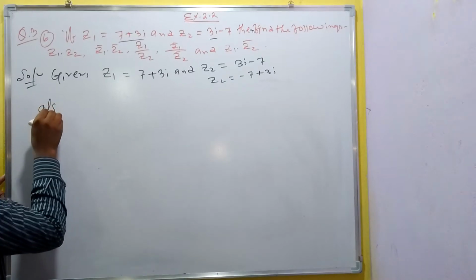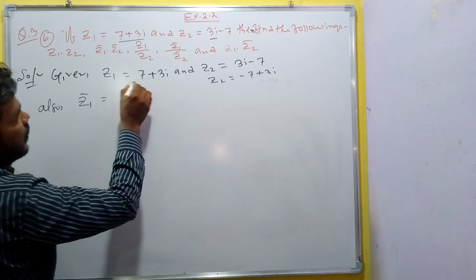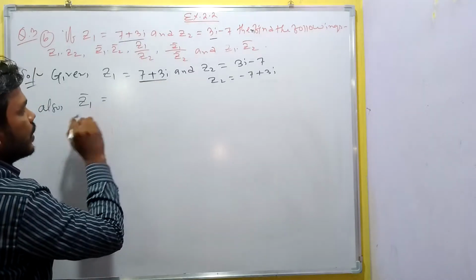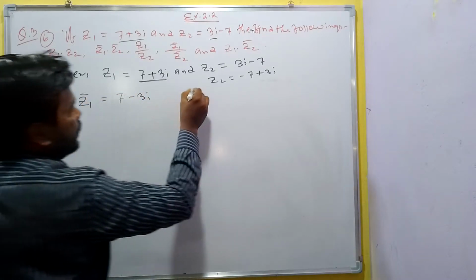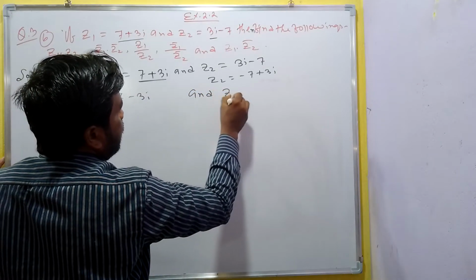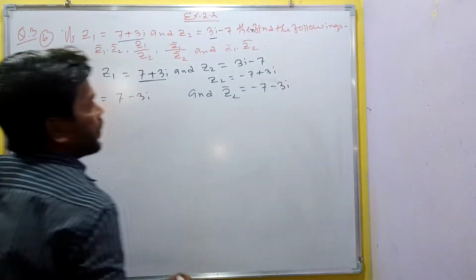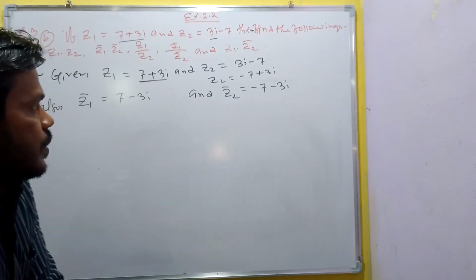Also, z1 inverse: you can see z1 equals 7 plus 3i, so you can write 7 minus 3i, and z2 inverse equals minus 7 minus 3i.